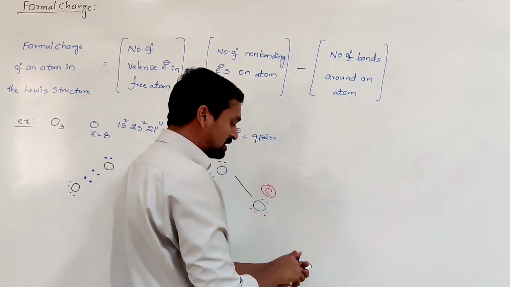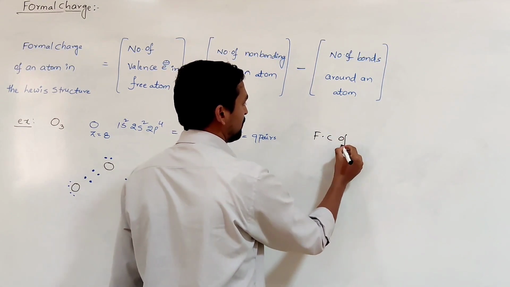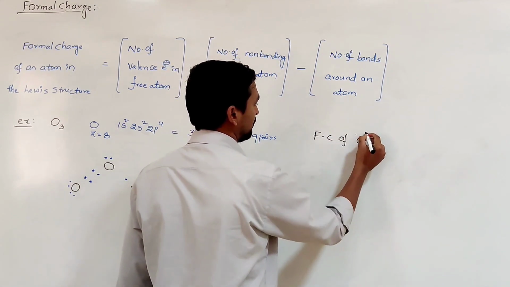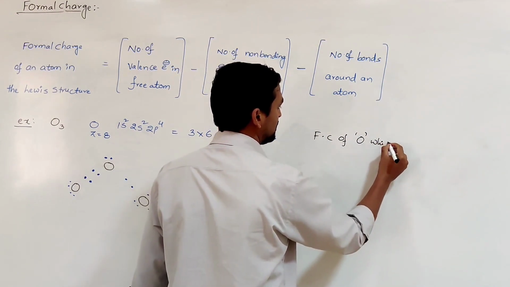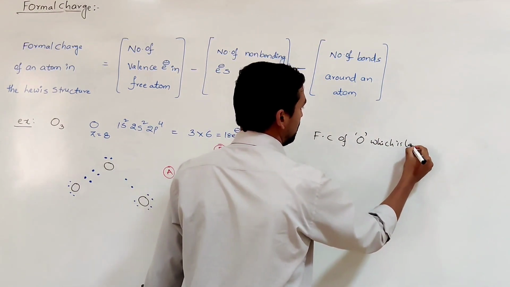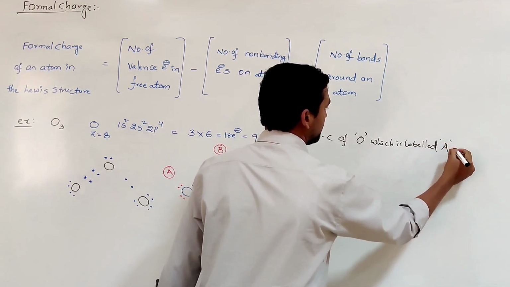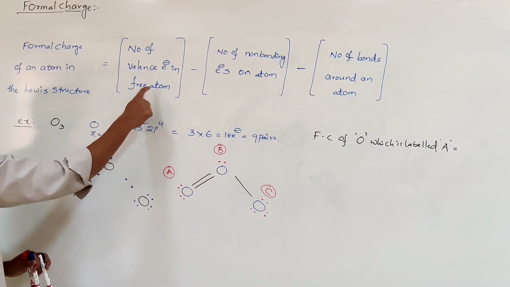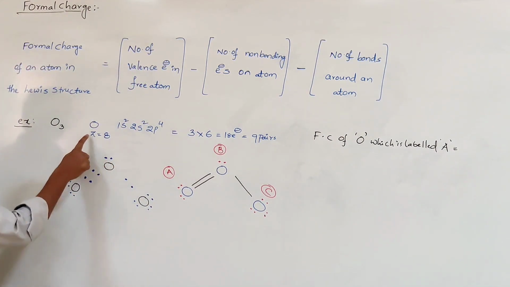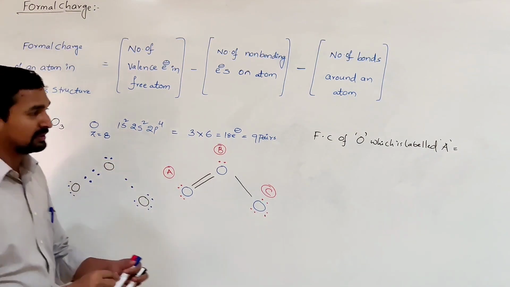That means the formal charge of the oxygen atom labeled as capital A is equal to the number of valency electrons in the free atom. Whenever oxygen is a free atom, how many valency electrons are present? 6 valency electrons are present.